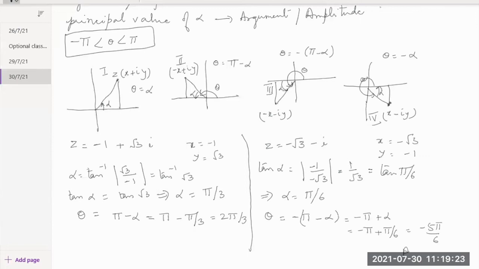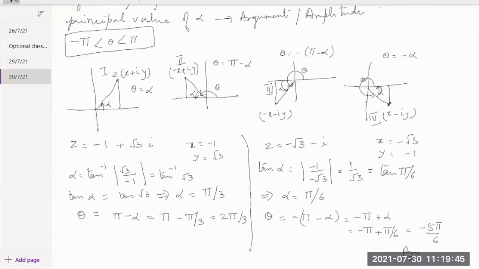This becomes your answer. This is your amplitude or argument for the complex number minus root 3 minus 1i. So keep in mind, as soon as you get a complex number, decide its x and y value.